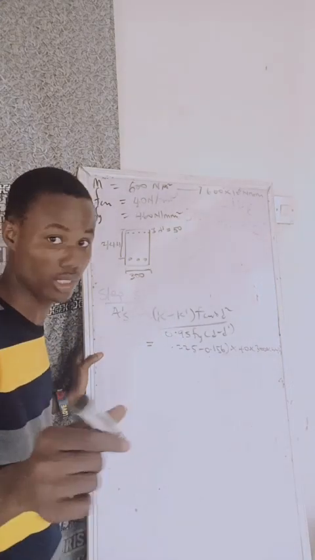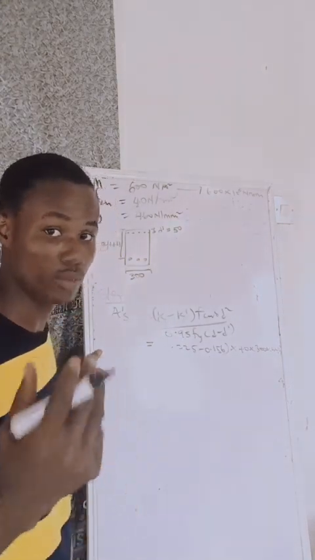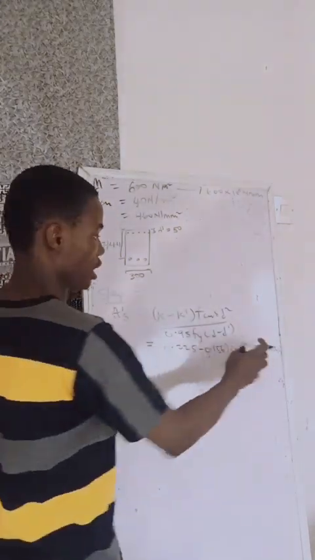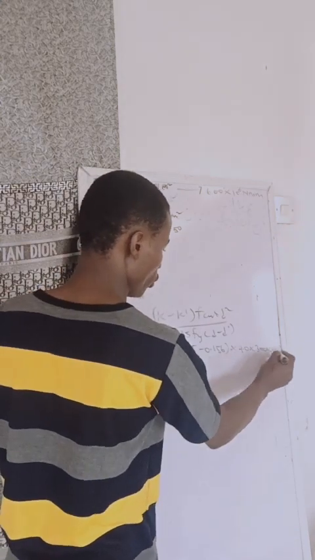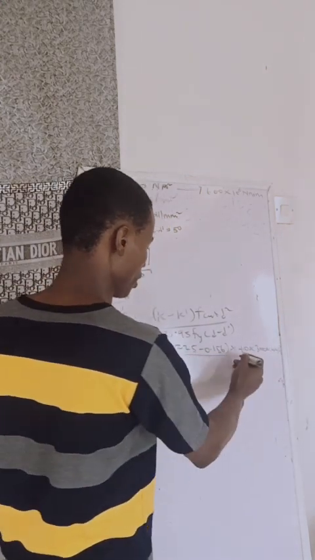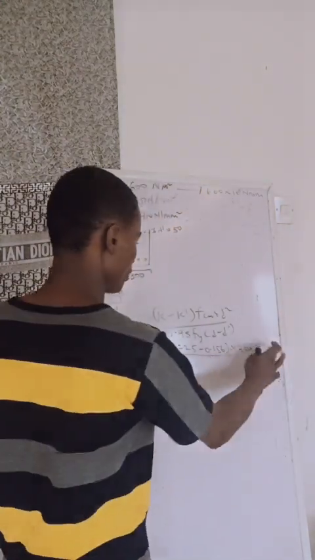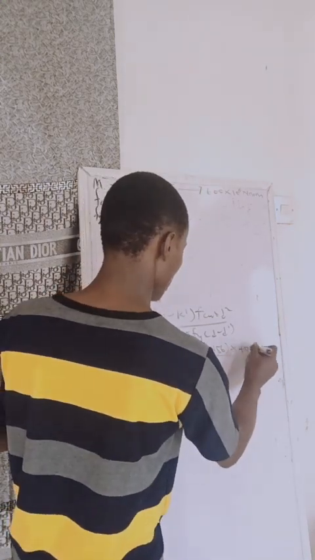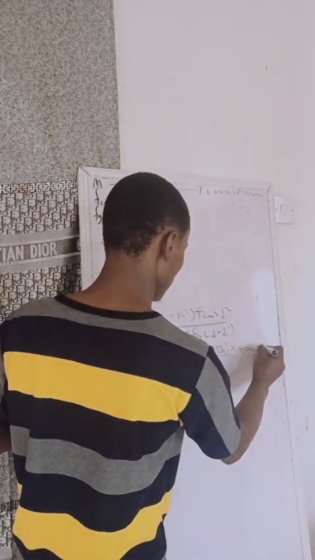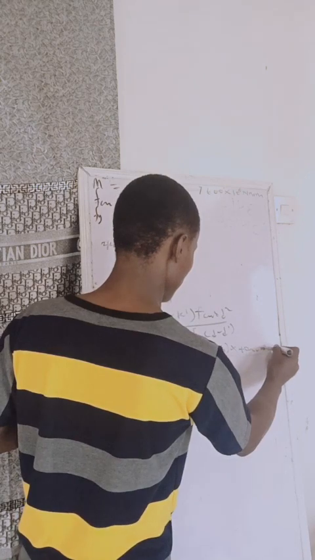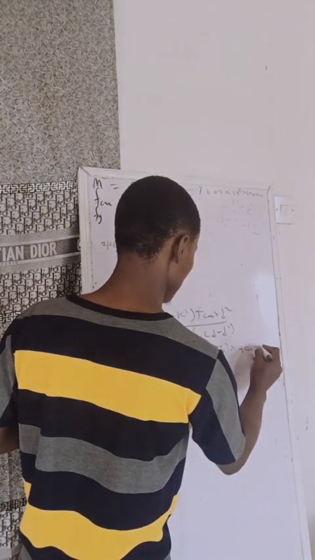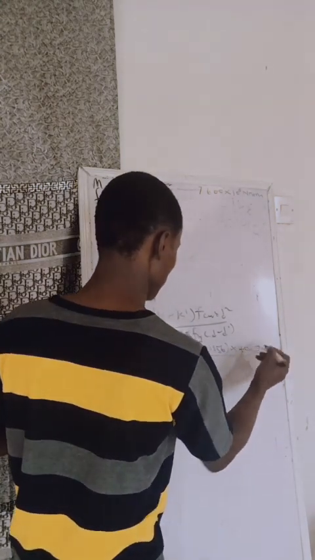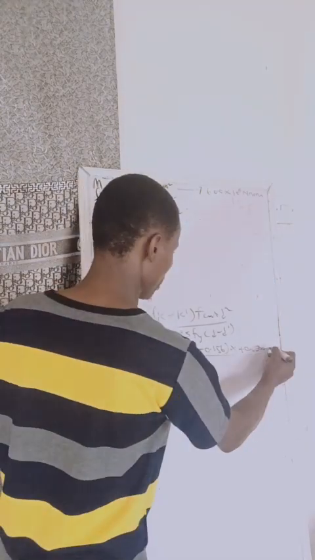The square is very, very important. This is one of the biggest mistakes students make in exams. They forget to put the square. Please always put the square. 40 times 300 times 444 square.